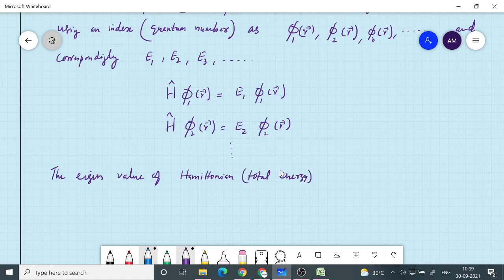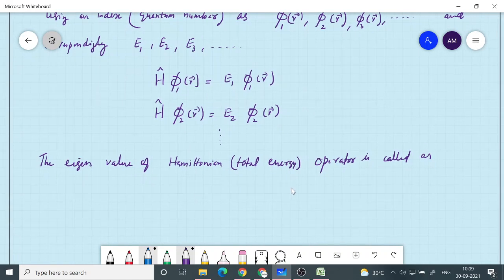Total energy operator, so it is called the energy eigenvalue.